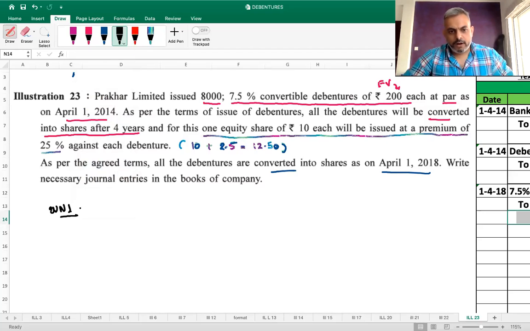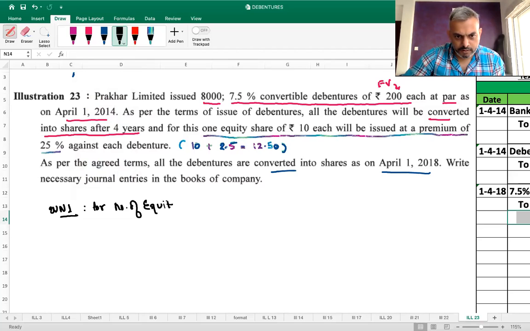Working note 1 for number of equity shares to be issued.